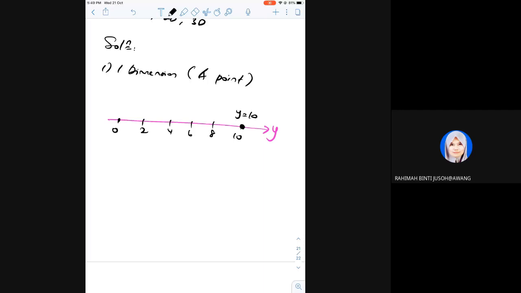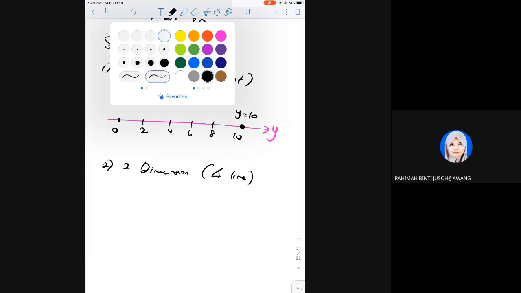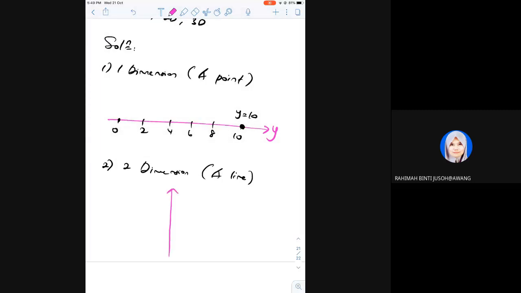Okay dah. Kalau 1 dimension jadi a point. Titik saja a point. Kalau dalam 2D, 2 dimension, it becomes a line. So, bila we have to sketch 2D lah, kita akan ada dengan Y. Okay, so now Y equals to 10 is somewhere at the y-axis lah, of course.